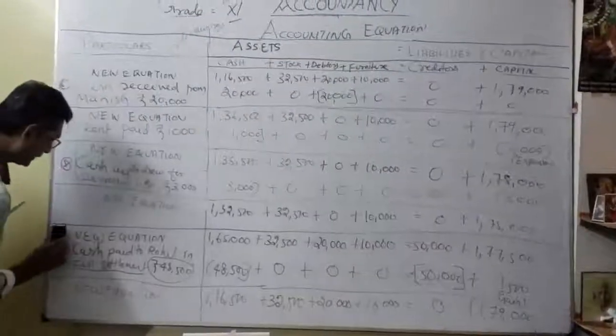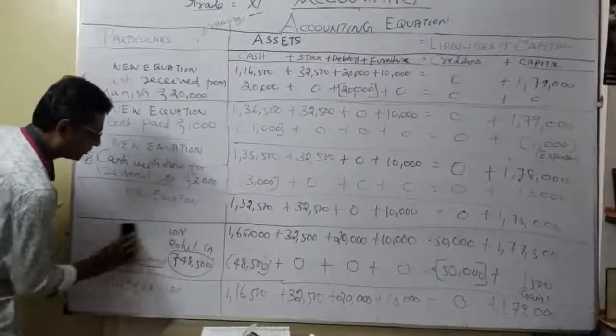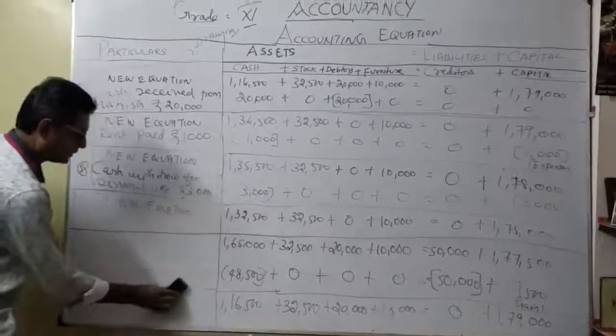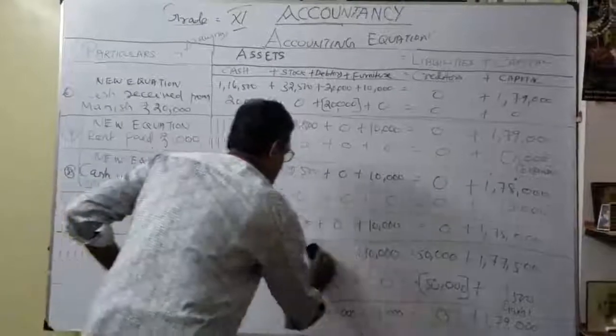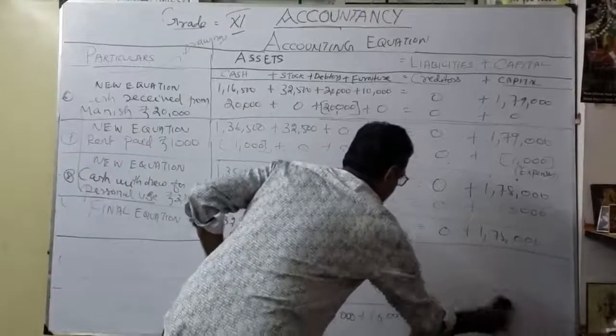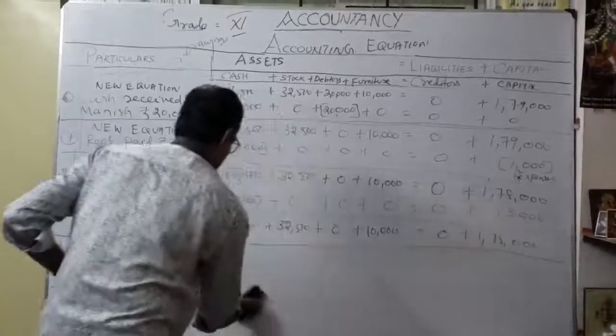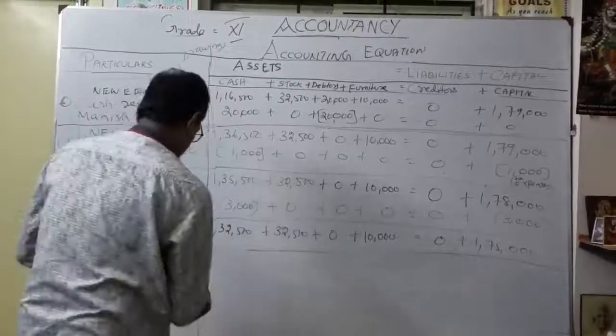Now understood? I will clean this. So now we will clear it out. Okay, so what is the final equation? For up to the 8 transactions, one by one, our final equation is what? See here.